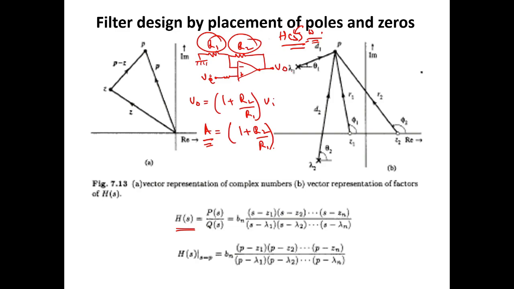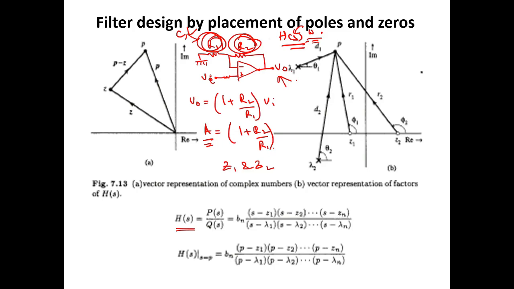So instead of R1 and R2, if we place some capacitor or inductor, then R1 and R2 will be changed to Z1 and Z2, right? So this same circuit would become a frequency specific circuit.